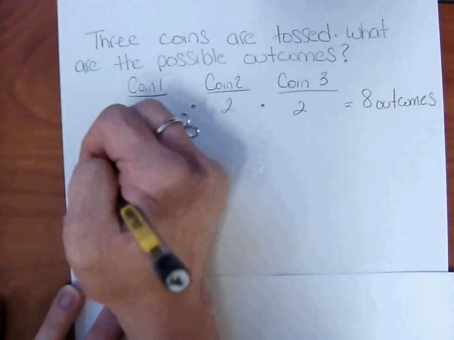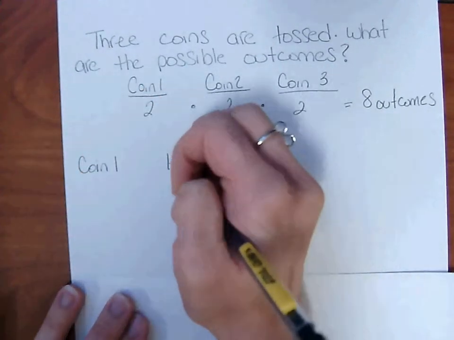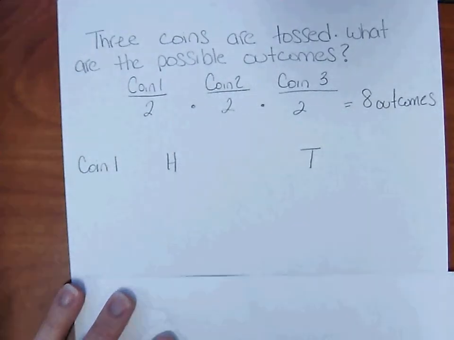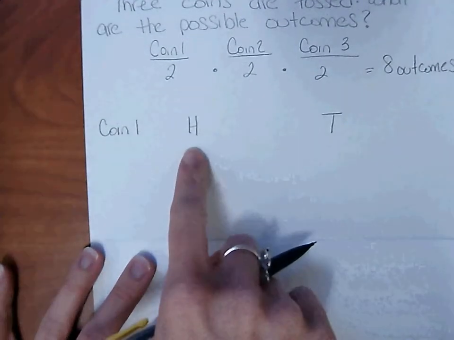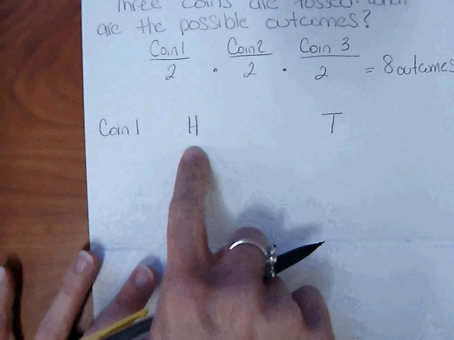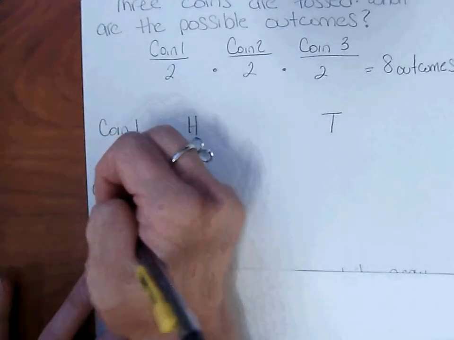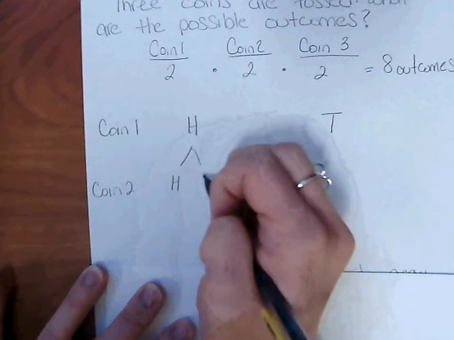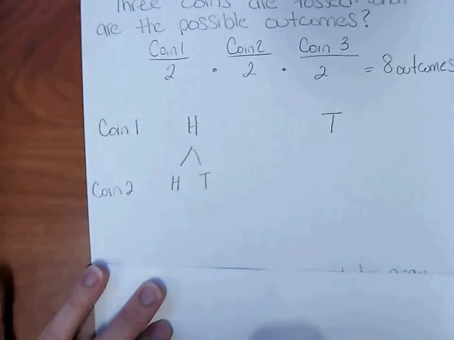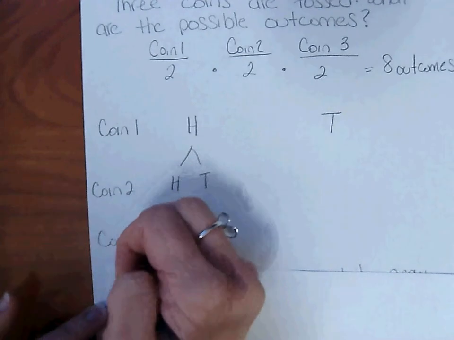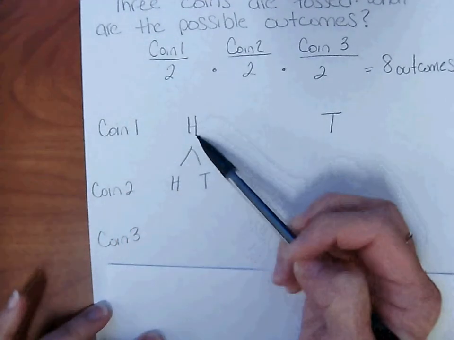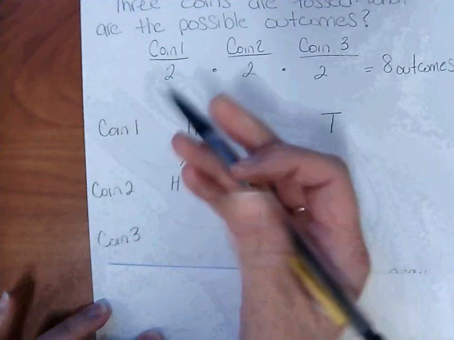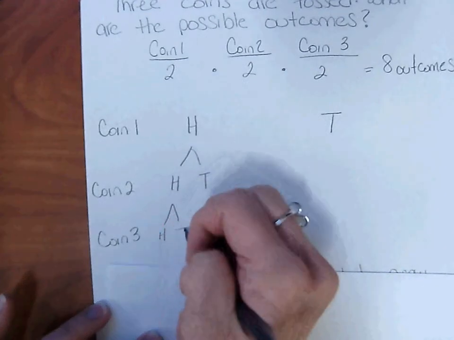So on coin 1 you could get heads or tails. Now let's just focus on coin 1 right now being heads. So if coin 1 was heads, then on coin 2 I could get heads or tails. And then on coin 3, if coin 1 was heads and coin 2 was heads, I could get heads or tails.